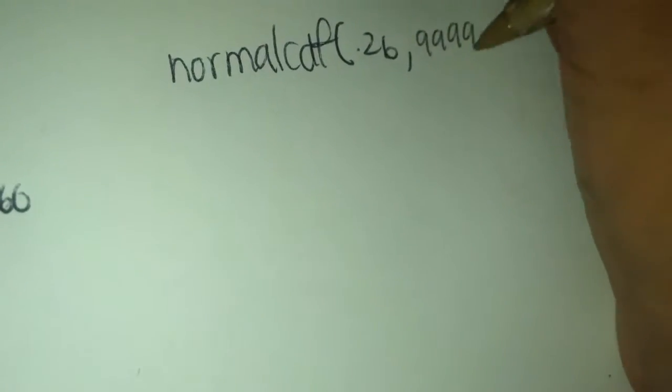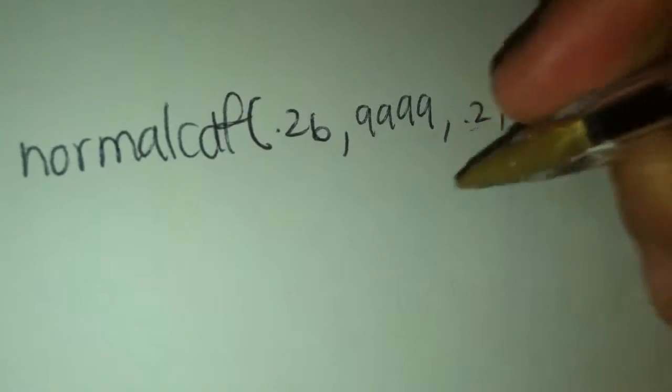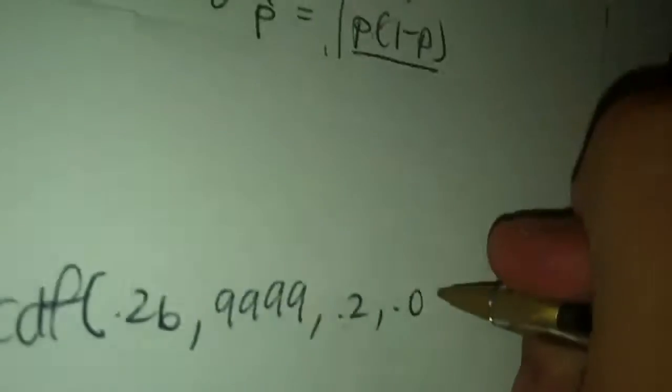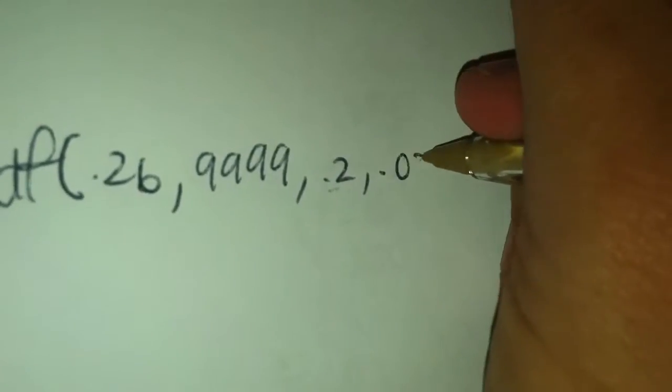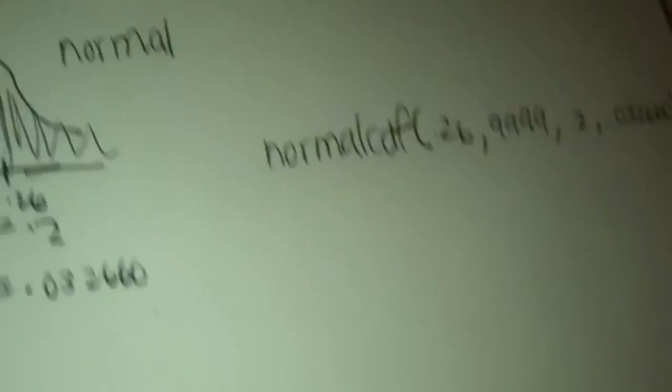Since it's going to the right, it goes to infinity, and the mean is 0.2, and the standard deviation is this right here. So we plug this into the calculator: normal CDF, 0.26.